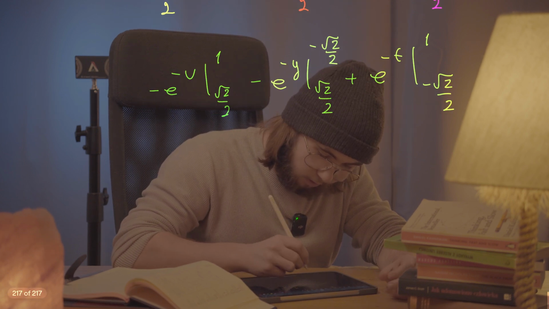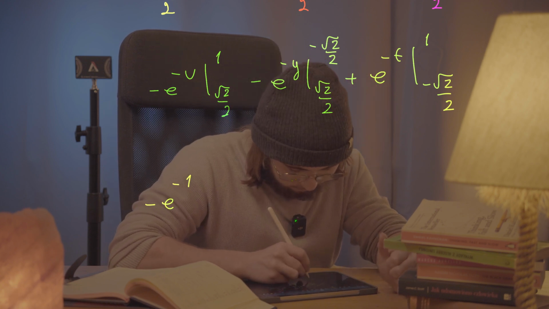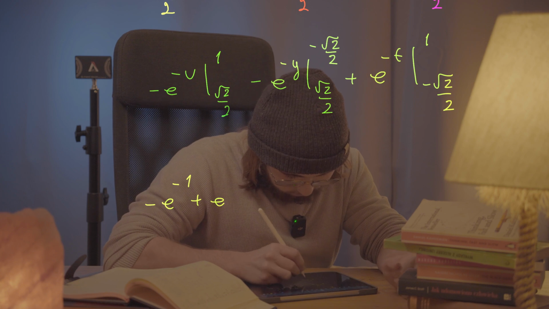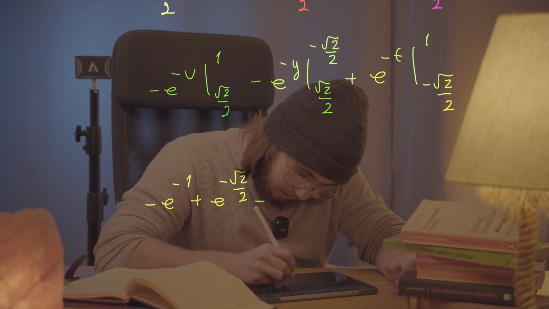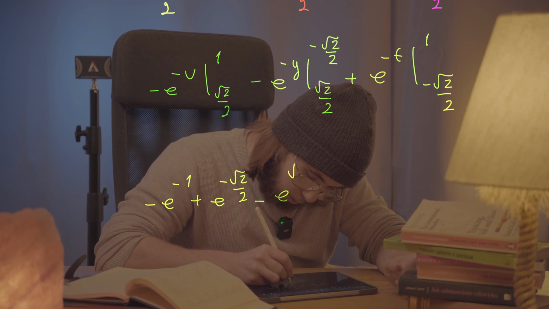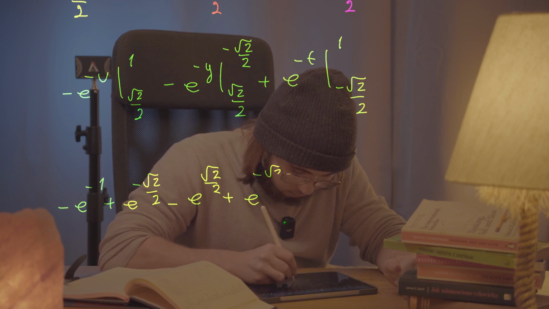And so now as we evaluate it, we get negative e to the negative 1, then plus e to the negative square root of 2 over 2, and then negative e to the positive square root of 2 over 2, and then positive e to the negative square root of 2 over 2.